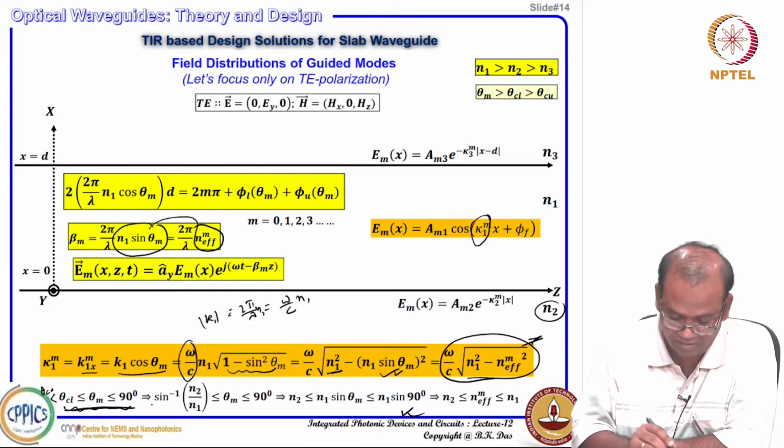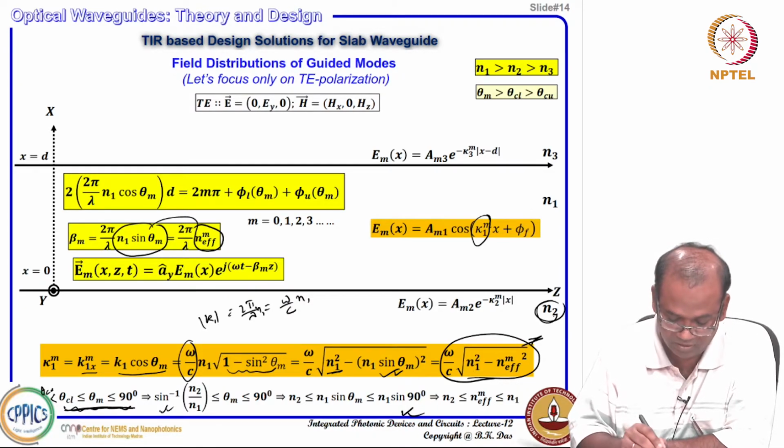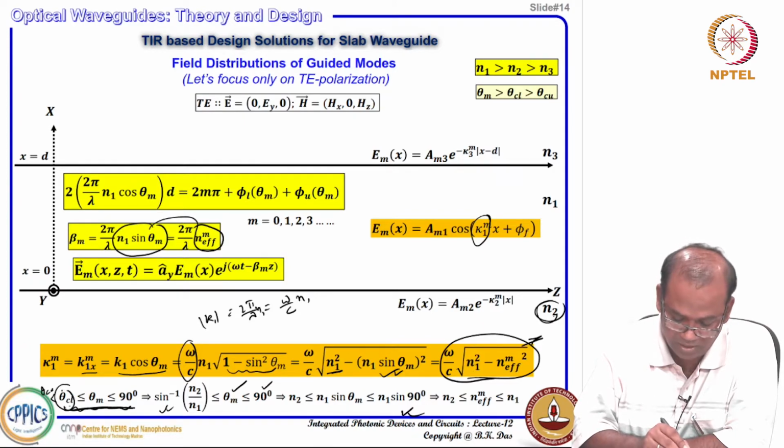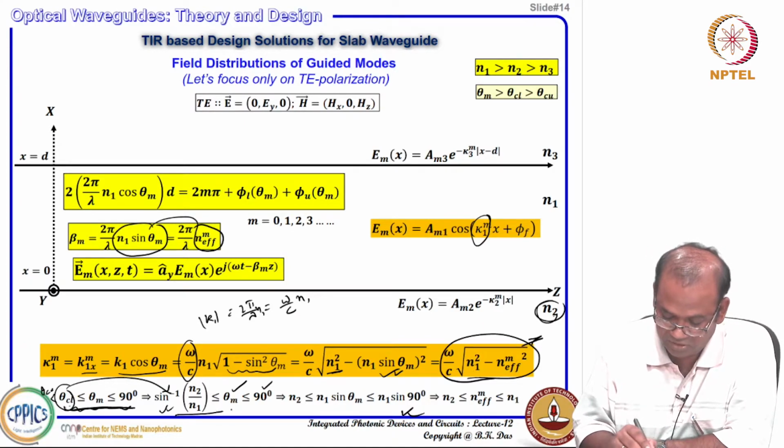Now, theta CL, that means the critical angle at the lower interface, is sin inverse of N2 by N1, and that should be less than or equal to theta m, which is at most 90 degrees. So, I just replaced it this way. Now, this is the relationship.